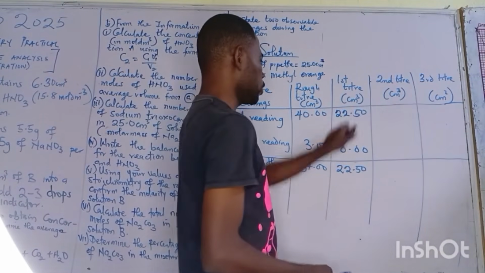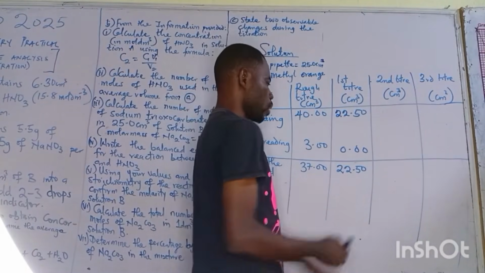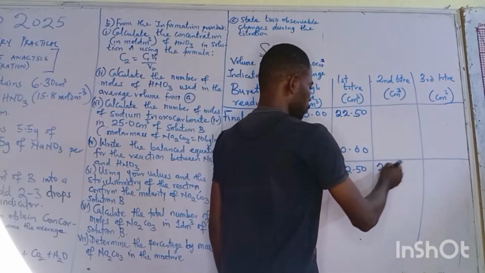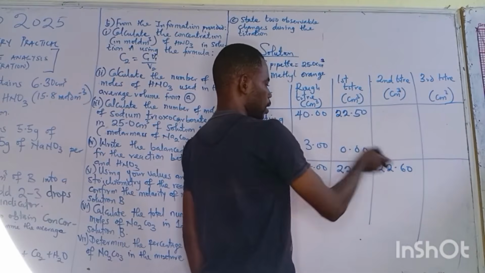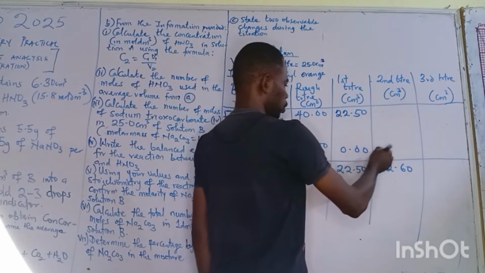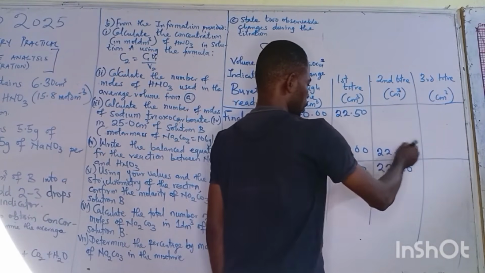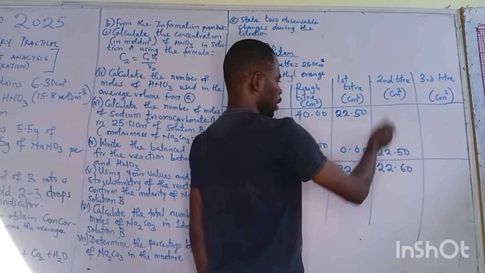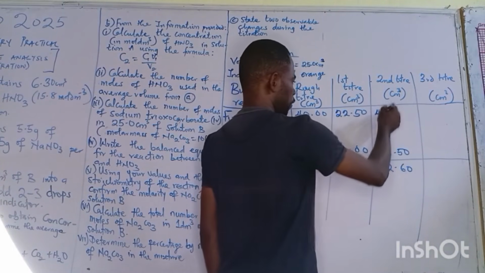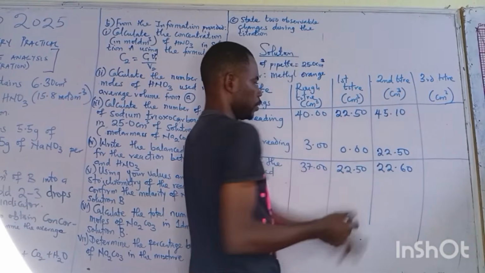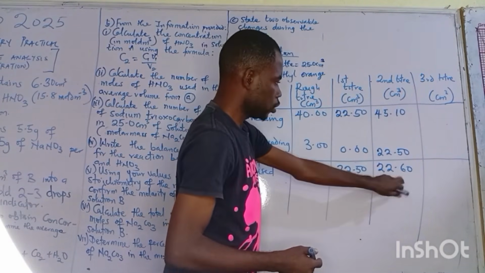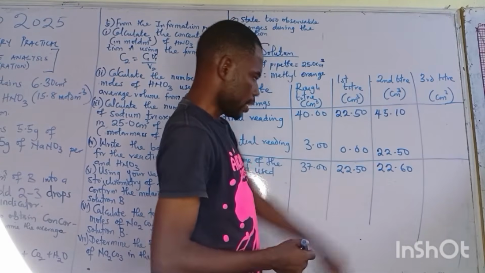To achieve the second one, from where I stop, I want to achieve 22.60. If I add up 22.50, definitely I'll be having 45.10. That is my final reading, and likewise we subtract, we get this value back.